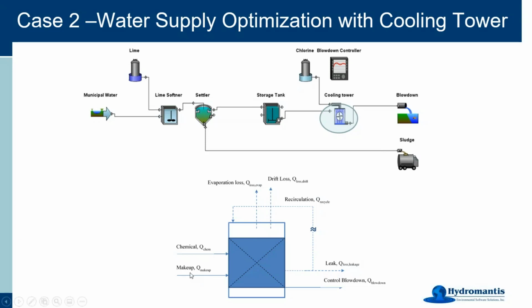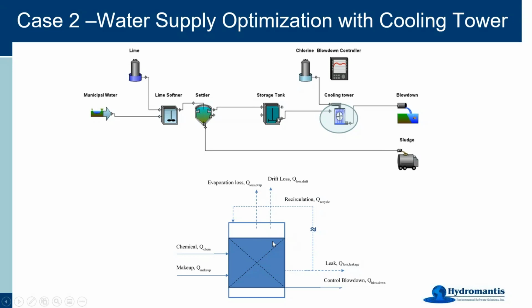So essentially, one of the exercises here was to determine the amount of water that we will need under given conditions of treatment, under given conditions of recirculation water that was required, and given the evaporation losses and the drift losses that are going to happen in this cooling tower.